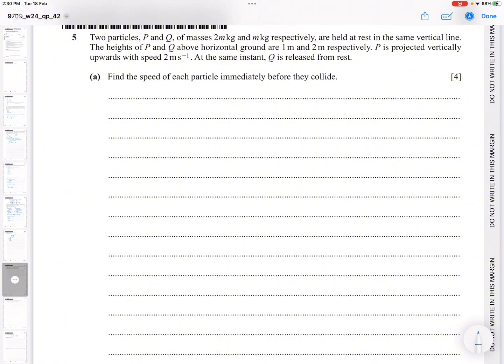suppose this is our particle Q here. It moves some distance. So you can say distance of Q, and this is 1 meter.